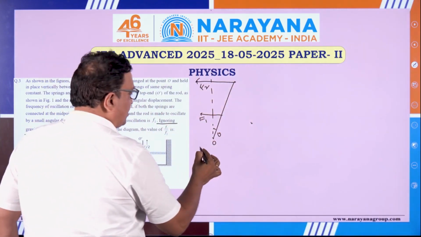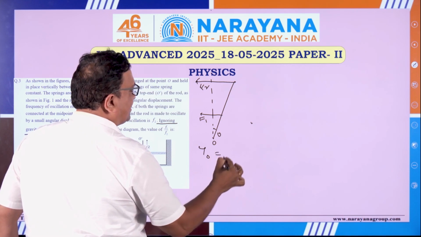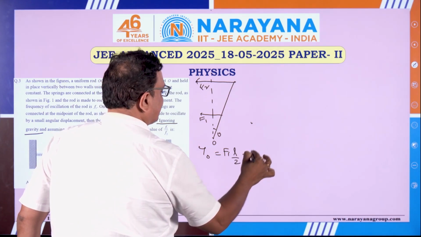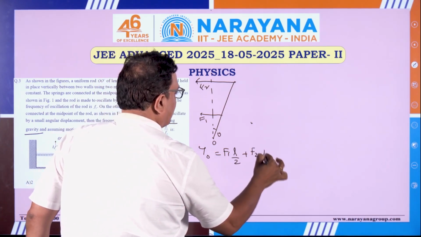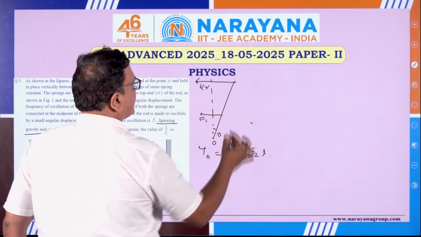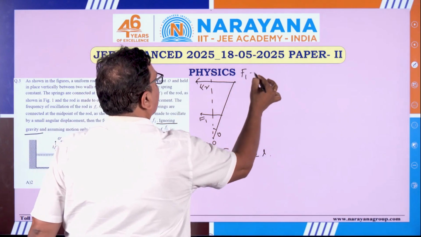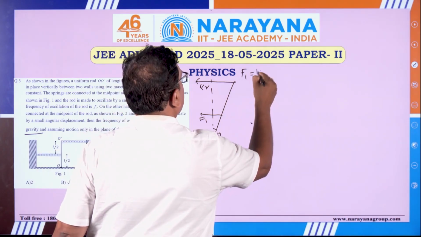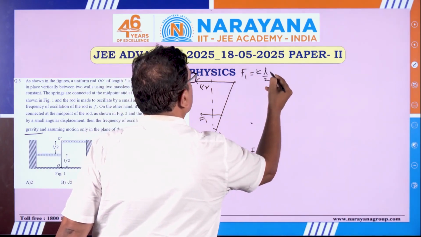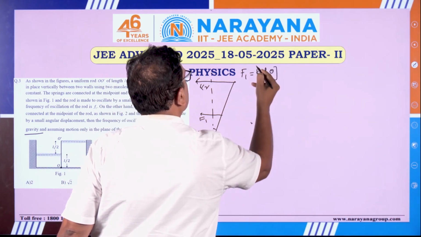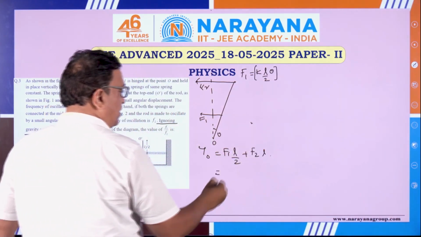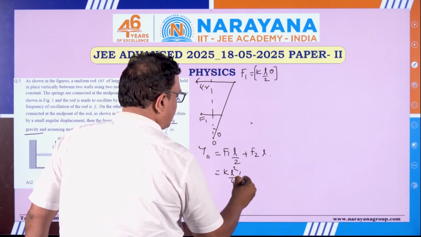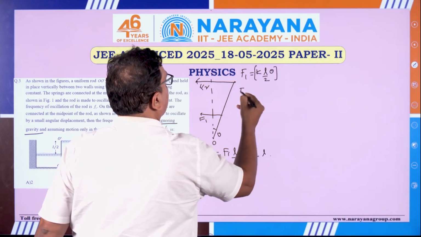So, about O, torques. Net torque about O is F1 L by 2 plus F2 L. Boys, what is F1? F1 is force. What is the force? K L by 2 theta. That is the force. So by the way, you have this one as K L square by 4 theta plus, by the way, what is F2?